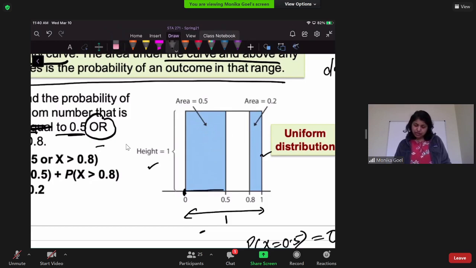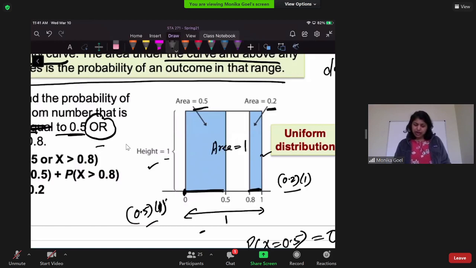So how much is this? 0.5 times 1. And this will be, how much is the difference here? 0.2 times 1. So the area for this one is 0.2 and area for this one is 0.5, because we know that the area under the curve is 1 whole.